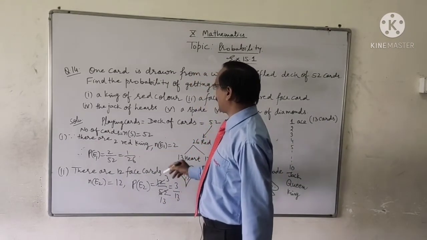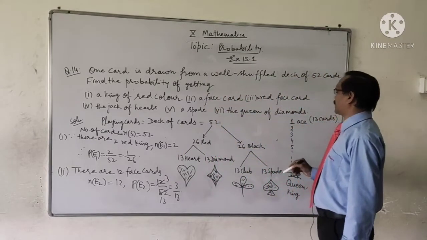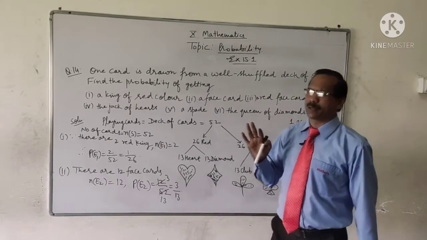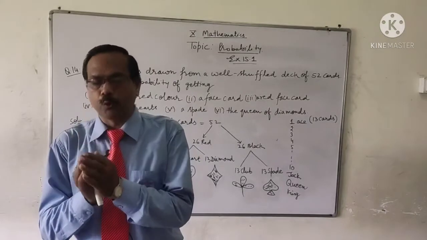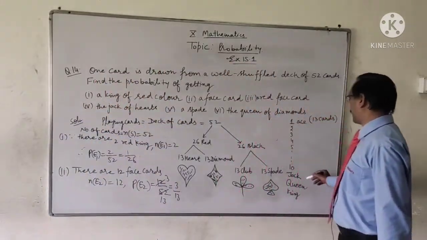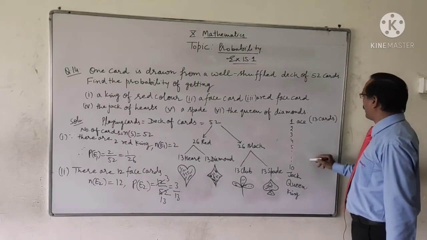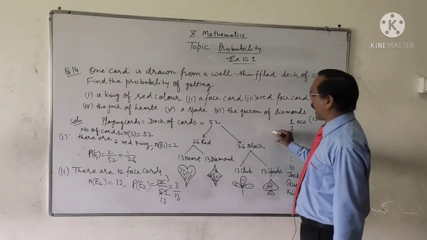In the second case, there is a face card. Students, face card means the card in which there is a face, like jack having a face, queen having a face and king having a face. So there are three faces in one type of card, and there are a total of 4 types.